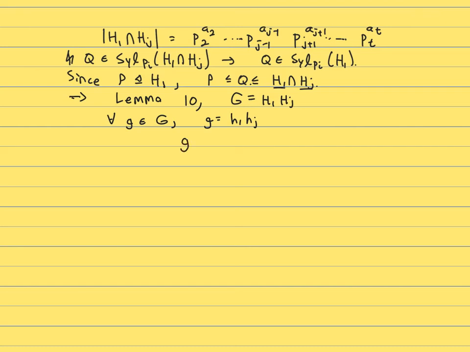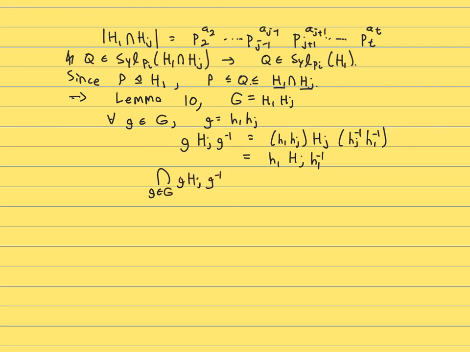In particular, when you conjugate hj by an element in G, you end up getting the same answer as if you conjugated by a particular element from H1. And so that's going to tell us that when you intersect all of these conjugates of Hj, you actually get the same result as if you only take this intersection over H1.